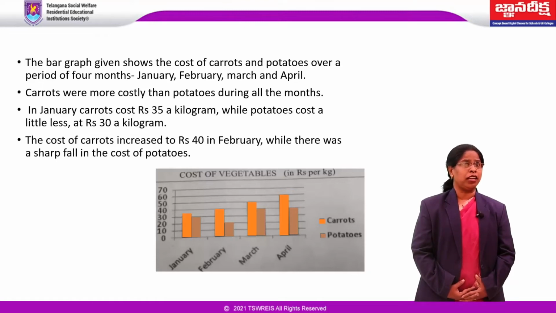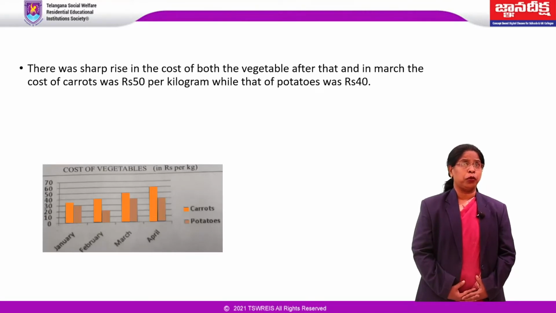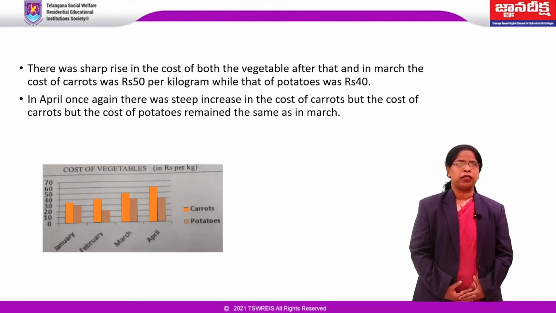There was a sharp fall in the cost of potatoes, isn't it? Now, there was a sharp rise in the cost of both the vegetables after that. In March, the cost of carrot was rupees 50 per kilogram, while that of potatoes was rupees 40.